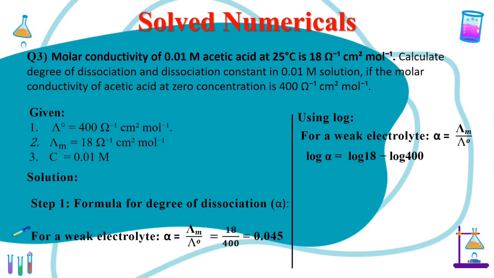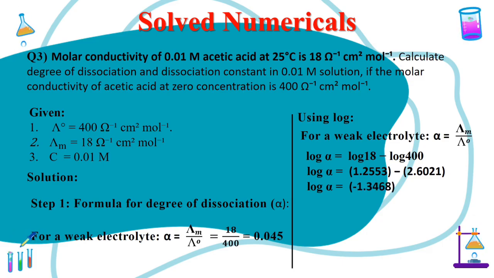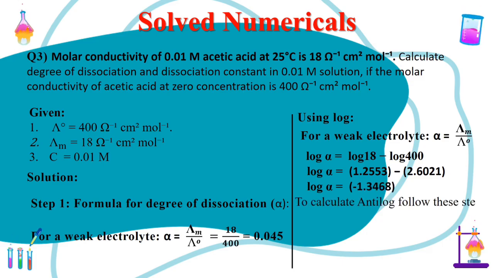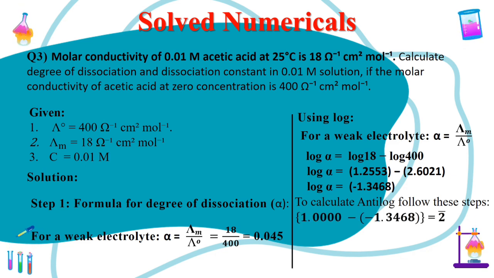First, convert the formula into log form and substitute the values to obtain a negative number. While calculating the antilog, the negative number must be converted into a bar number by subtracting 1. And with the bar number, you can calculate the antilog using your log book.